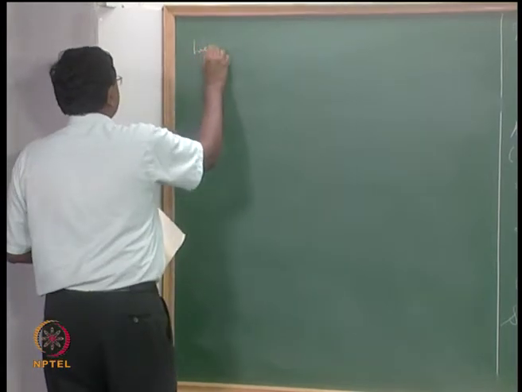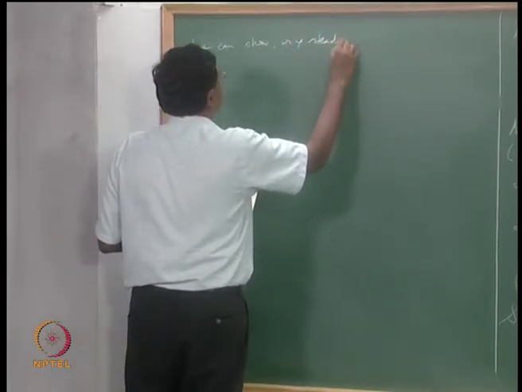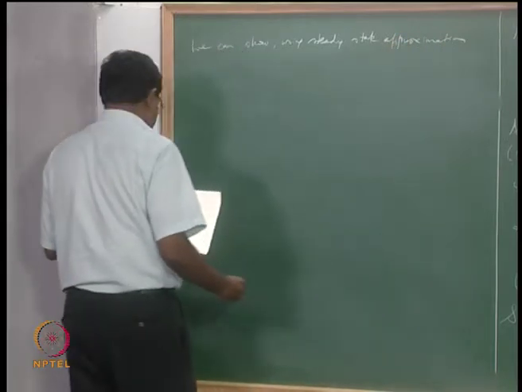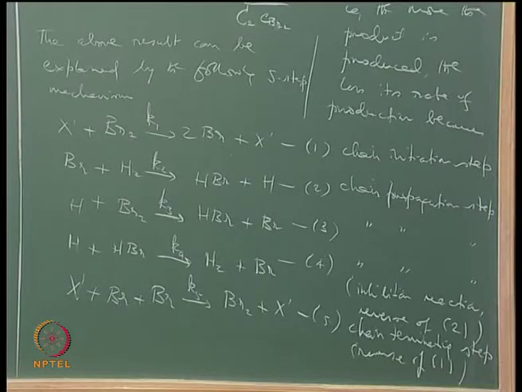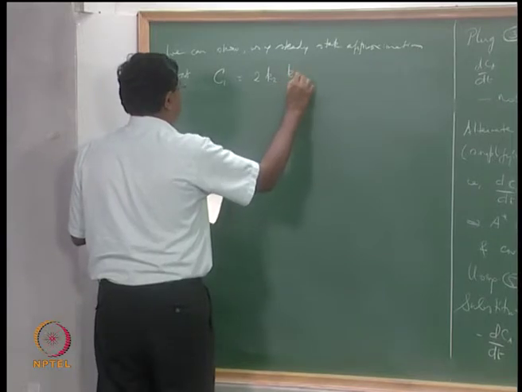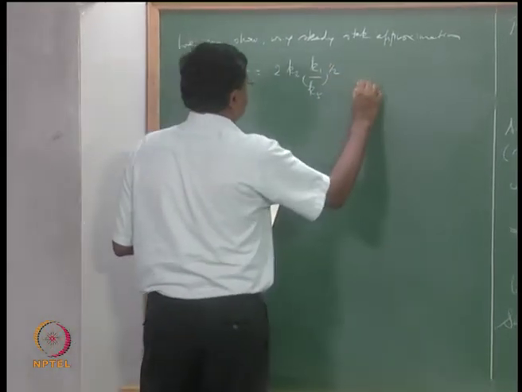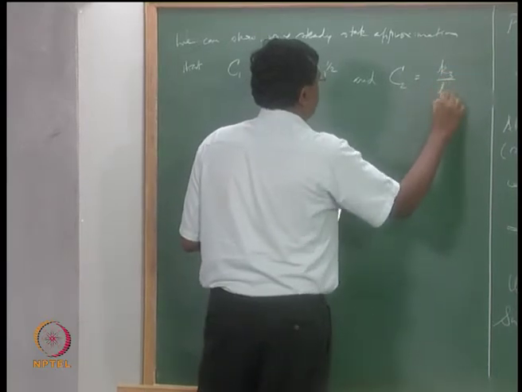and we can show, using steady state approximation, that capital C1 that we had before, right, in the global reaction rate expression is twice K2 times K1 divided by K5 to the half, and C2 equal to K3 divided by K4.